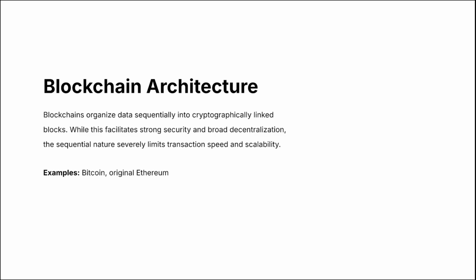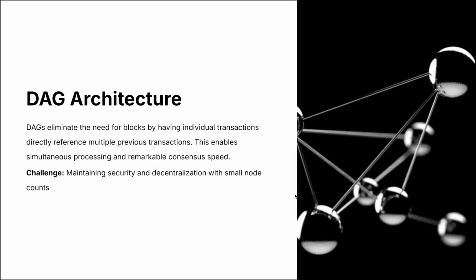And then for the DAG system, as we mentioned, it takes a very different approach from the traditional, classic blockchain. Instead of bundling transactions into blocks, each individual transaction references one or more previous transactions directly. This structure removes the need for sequential block creation and allows multiple transactions to be processed at the same time.